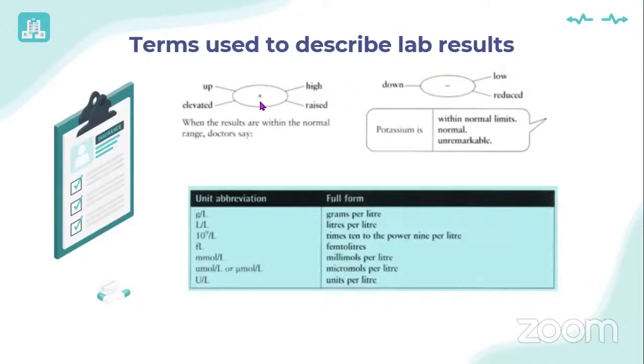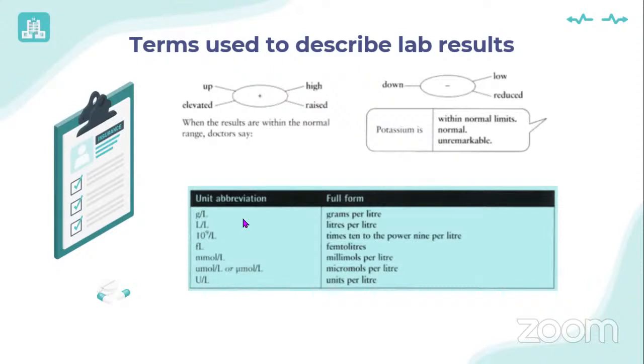If we have this sign, positive, we could understand that it's up, elevated, high, or raised. If we have the sign negative, we can say that it's down, low, or reduced. For example, potassium is within normal limits, or potassium is normal, or maybe potassium is unremarkable.